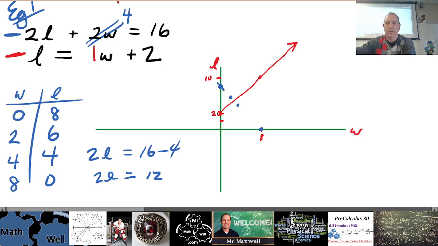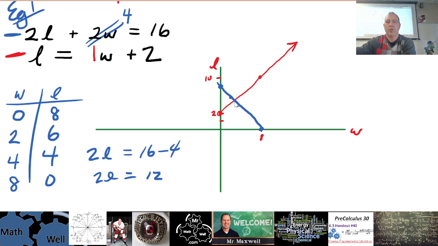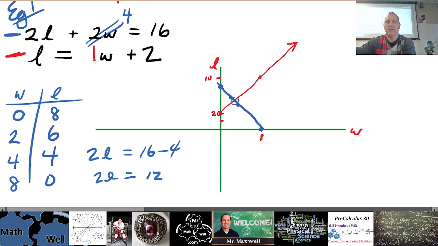you should see this intersection point. Where does this intersection point lie on your graph? What point is this right here for you on your graph? 2 and 6. What is it? 2 and 6. Okay, 2 and 6. You were going to say something else? 3, comma 5.